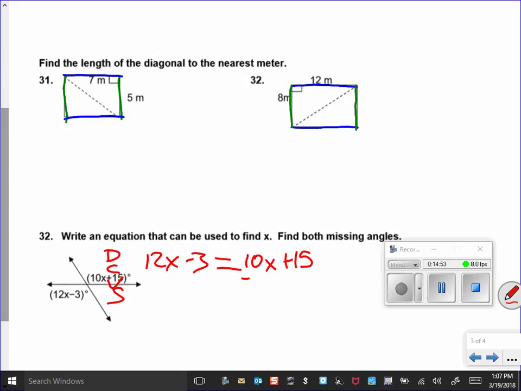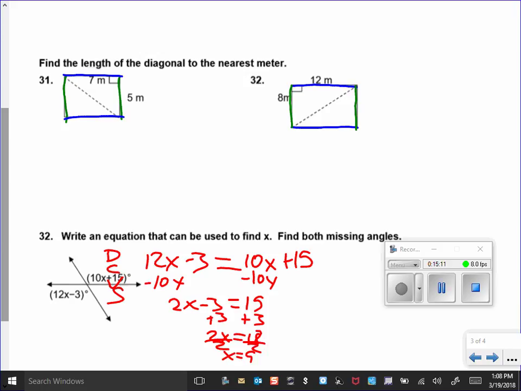So you would minus 10x from each side, and you have 2x minus 3 is equal to 15. You would add 3 to each side. You get 18 is equal to 2x. Divide by 2, x is equal to 9. All right, so there you have that, okay? And that's our last one.